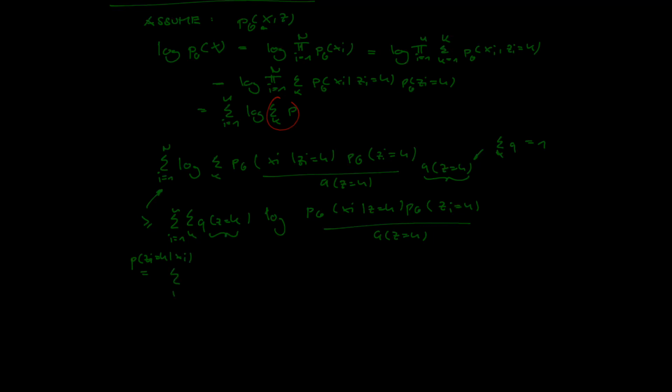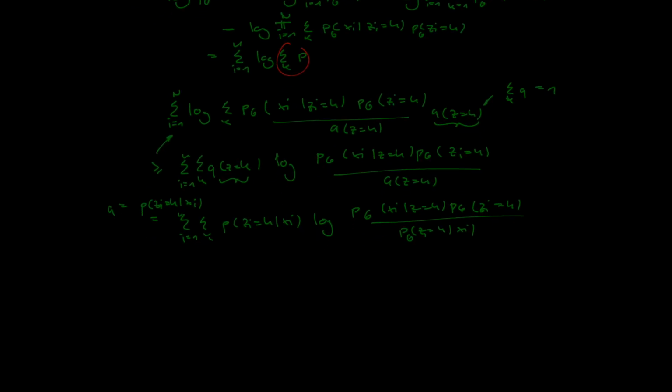So what we get is the sum over i from 1 to n, sum over all k's, of this p of z_i equals to k given x_i, times the log of the term with z equals to k, and here again z equals to k, again applying this substitution. And this is basically all the stuff we need for the EM algorithm.